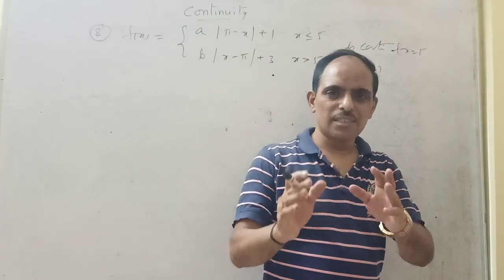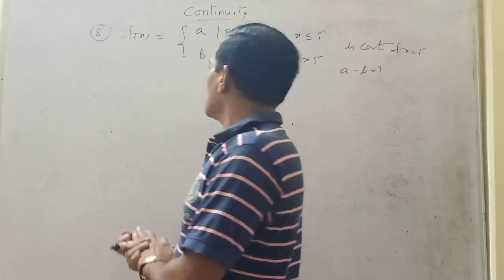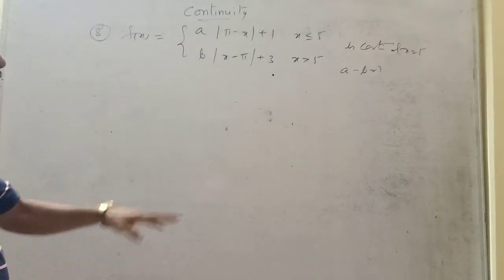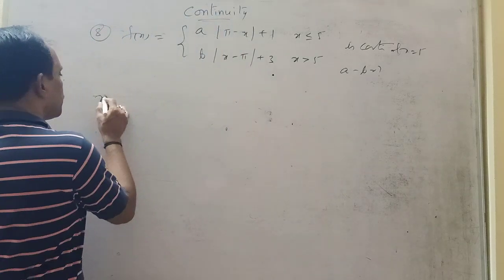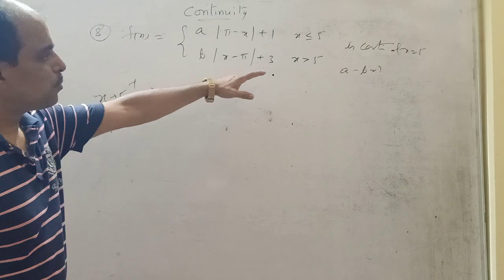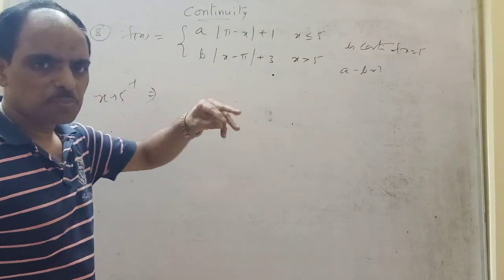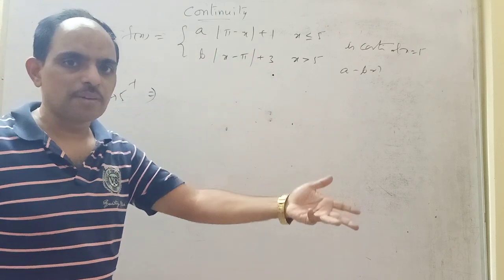Now you see, I am telling the easiest and shortest way to find these types of solutions. Continuous means the value at 5 plus is equal to 5 minus. Now you take 5 plus. 5 plus means we have to take this function. 5 plus means 5.1. So 5.1 minus 3.14, you will get a positive value.